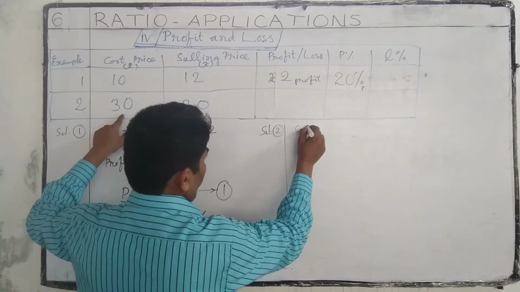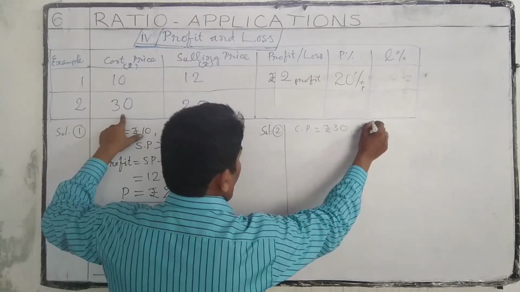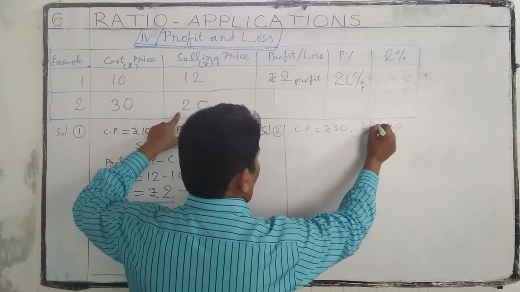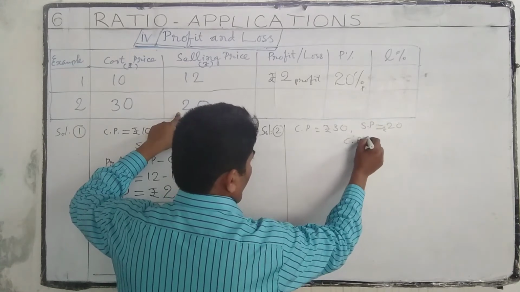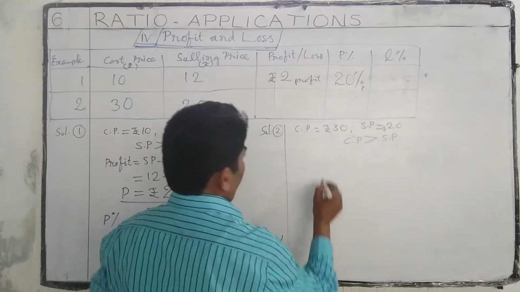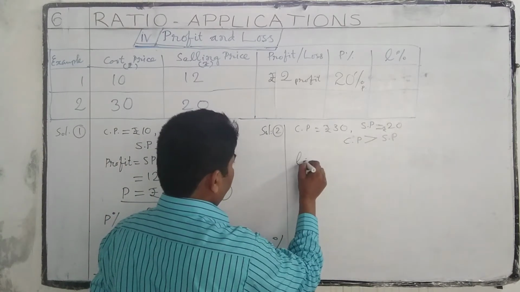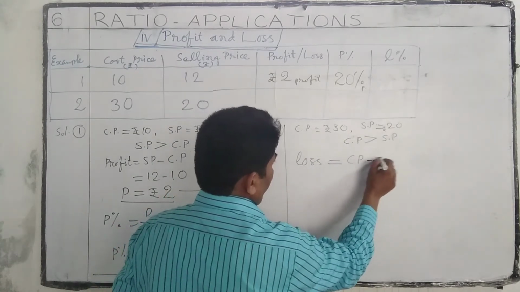Next, second problem. Cost price is 30 rupees. Selling price is 20 rupees. So here cost price is greater than selling price, so we can get a loss. Loss is equal to CP minus SP.